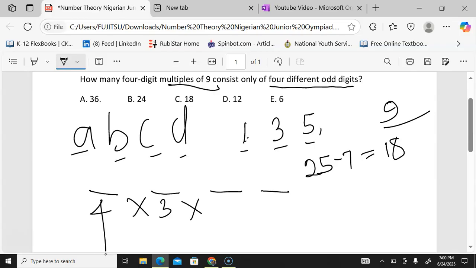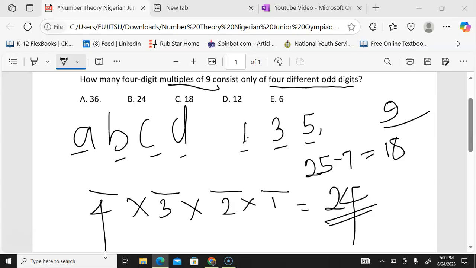Then I'll be left with 2 numbers for the tens place, and then just 1 number for the units place. When I multiply this out, I have 24. So there are 24 such numbers that are made up of 4 different odd digits and are multiples of 9. So our answer is 24.